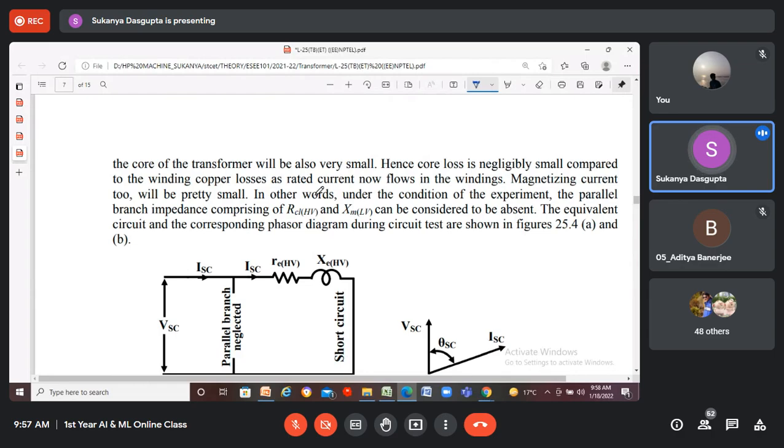A very small amount of flux is required to be confined within the core in order to satisfy the transformer operation. That means the core loss is negligible. It is small, right? So that's why we can neglect the core loss here. The only loss we can measure is the copper loss, by using the wattmeter.